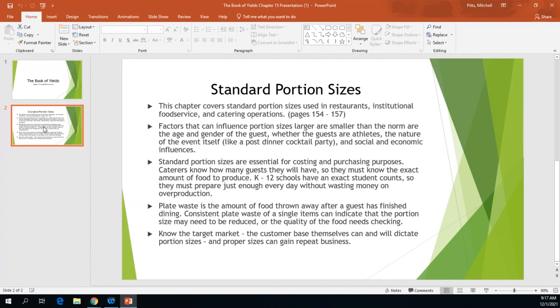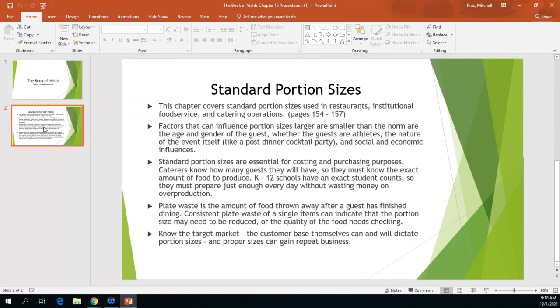And know the target market. The customer base themselves can and will dictate portion sizes, and proper sizes can gain repeat business. There are standards for this, but you may have a request by a certain customer for a larger portion size or a different way of presenting the item altogether.